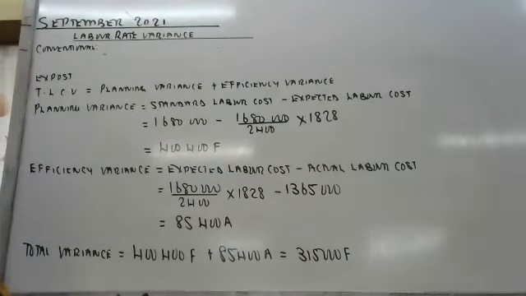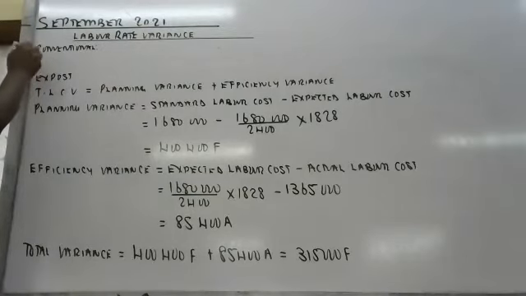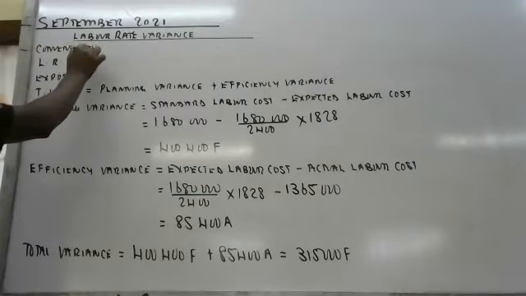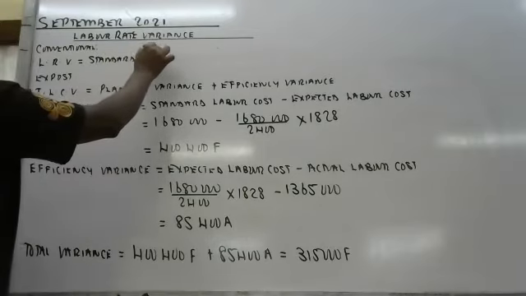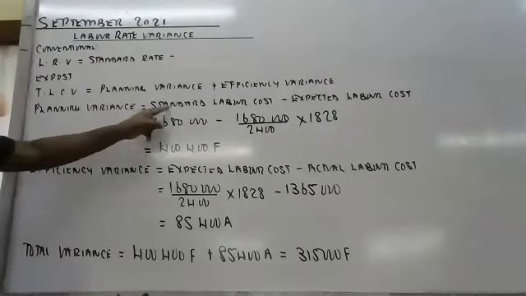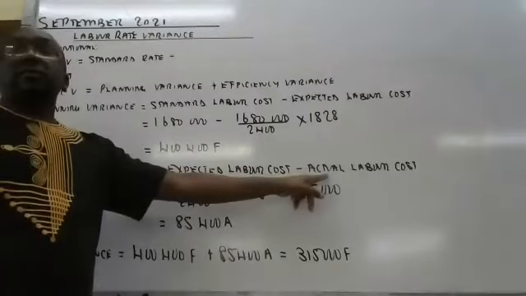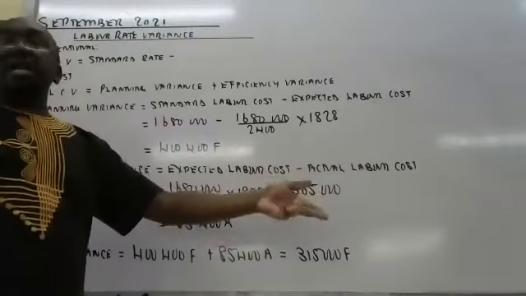In the labor rate variance, conventional labor rate variance is given as what? Standard rate, and maybe something else I needed to have clarified for better understanding. Looking at conventional, the formula is standard minus actual. You see now what we are doing, we are just introducing a new element we are calling the expected.